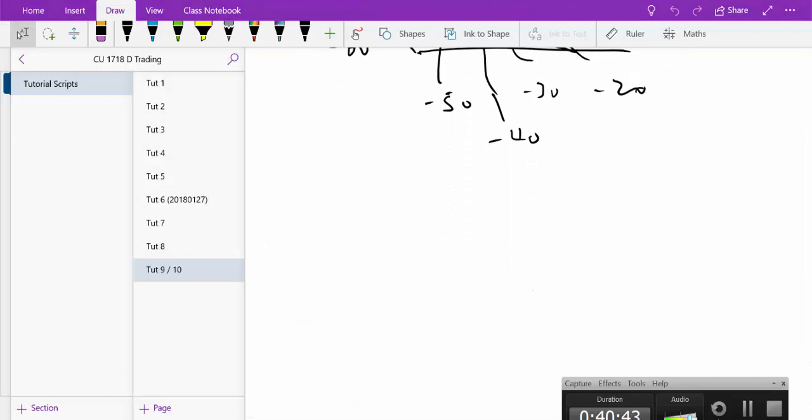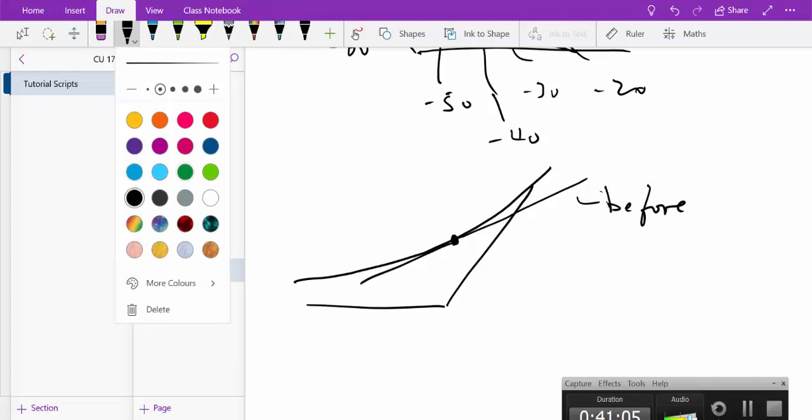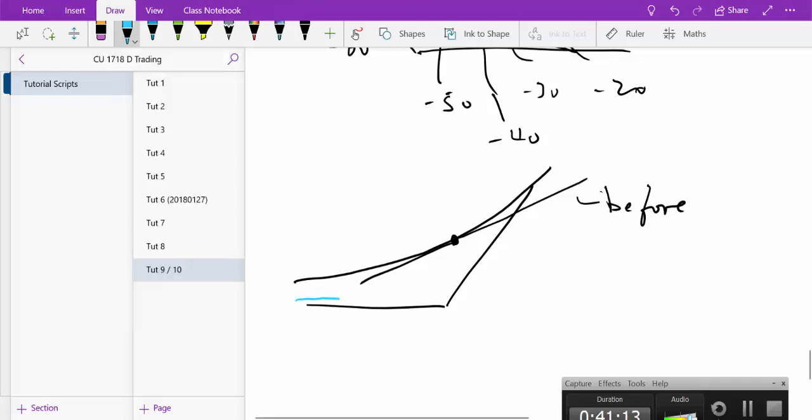We have discussed this before, so I'm kind of repeating myself. So let's say this was before, and it's a bit exaggerated the way I'm drawing it. This is before. Now I give you the after picture. Now I just said I lower my volatility, so your payoff would look like this.